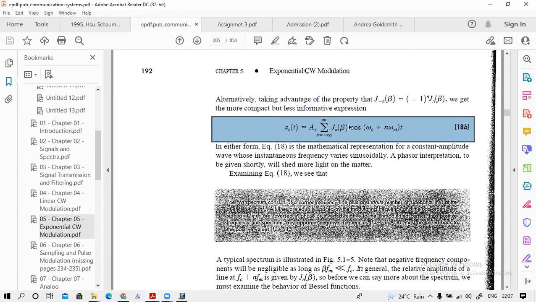The Bessel function is used to find these coefficients, and we can simply use a Bessel function table to find the coefficients for different n and different beta. Beta is the modulation index.